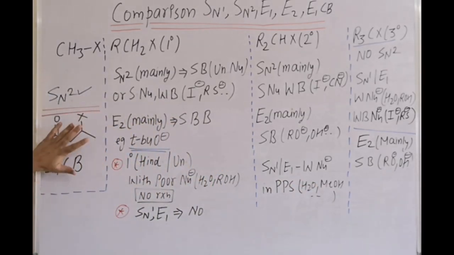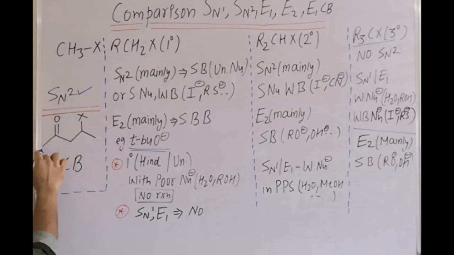And the last part written here: if we have an alkyl halide, the carbon which contains the halogen, suppose I mark it as alpha carbon, then the next one will be beta. If at the beta carbon we have an electron withdrawing group, then which mechanism is followed? E1CB mechanism.